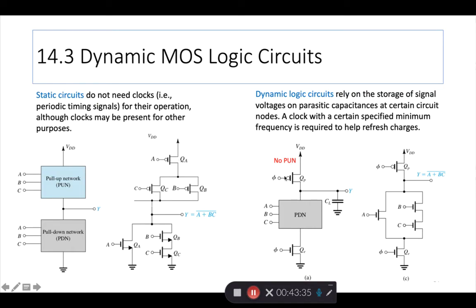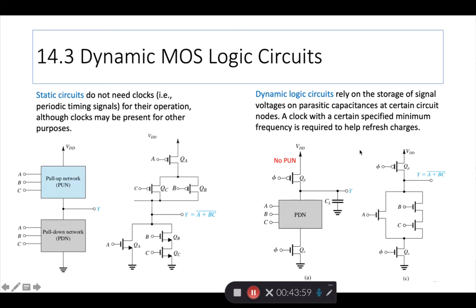You need another transistor called a QP, and you need a clock. So this phi is a clock input. So you need a QP and another transistor called QE. If you have this, then you can just work with the PDN and get rid of the PUN totally and still be able to achieve this.